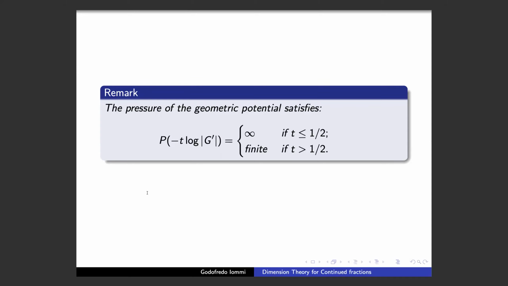And for t larger than 1/2, the pressure is finite, strictly convex, real analytic. And an important feature is that if you approach 1/2 with numbers larger than 1/2, the limit from the finite part goes to infinity. So using these properties, you can play around and deduce some of the results that I've mentioned before.